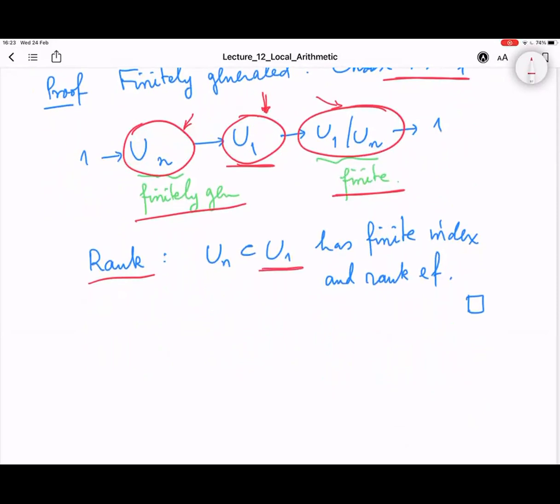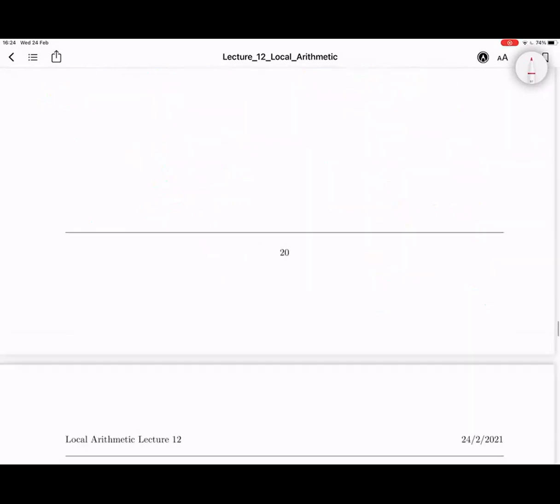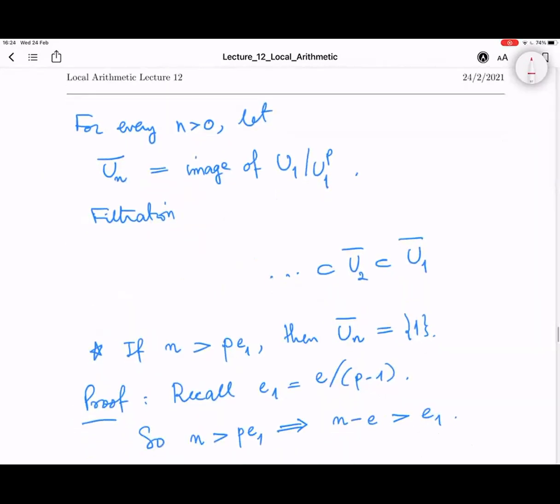If you know that there's a submodule of finite index and of rank ef, then that's going to be the rank of U_1 as well. And that's the case as soon as n is strictly greater than e_1.